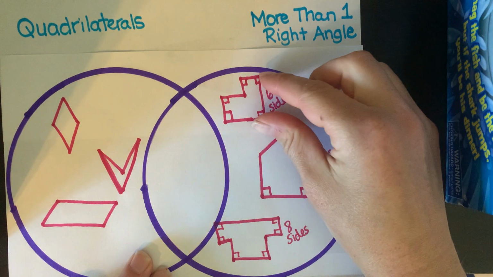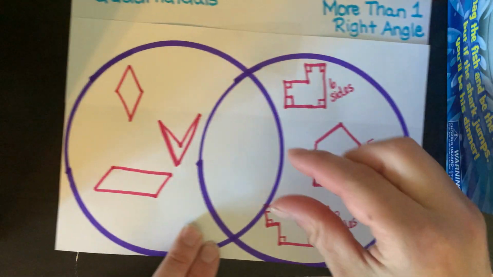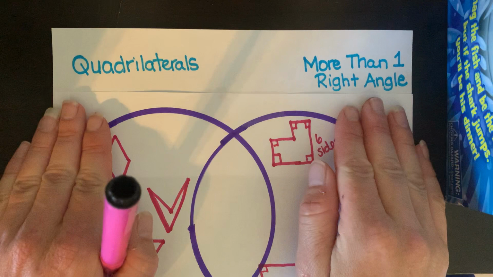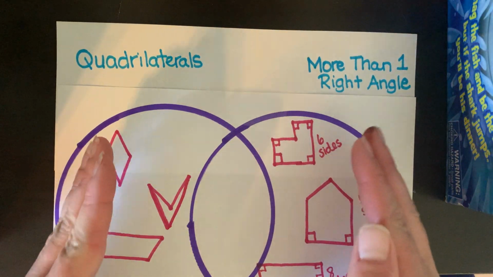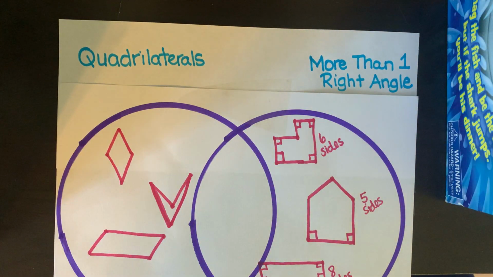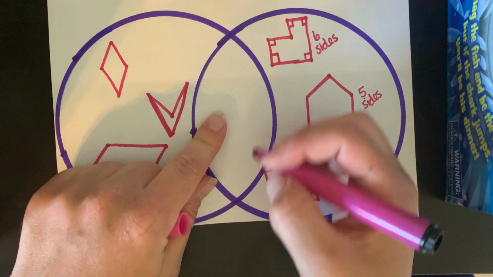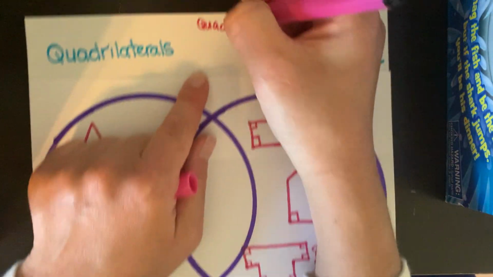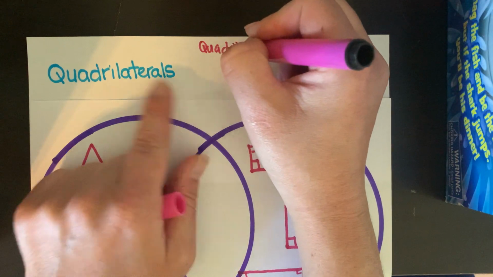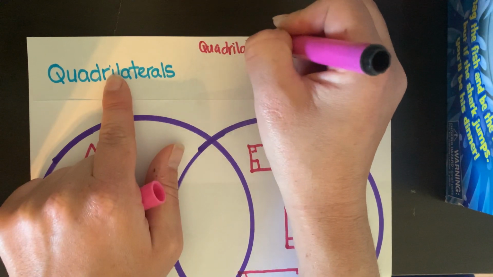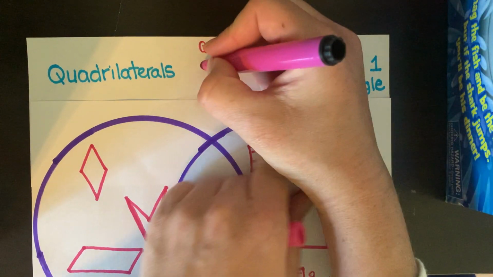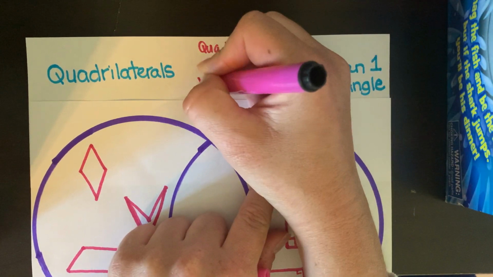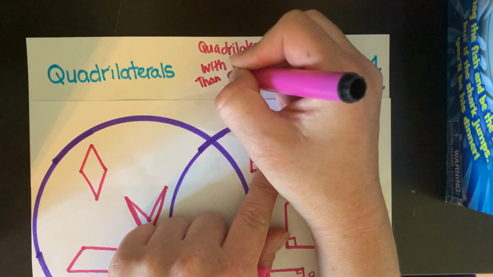But notice I can't move any of these into this middle circle because the middle circle has to have both titles in common. So this middle circle is going to be reserved for quadrilaterals. I'll write it up here. So they'll have to be a quadrilateral and they'll have to have more than one right angle. And maybe in your head right now, you can start thinking of some of those.